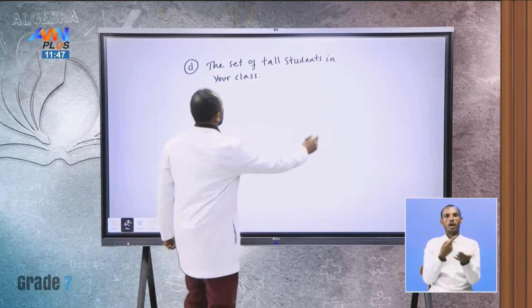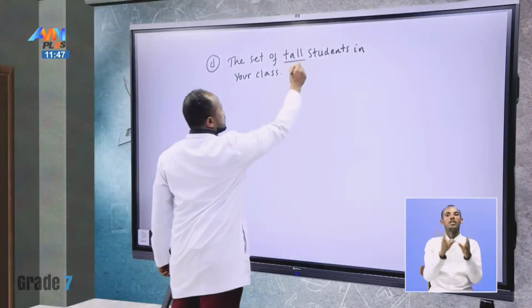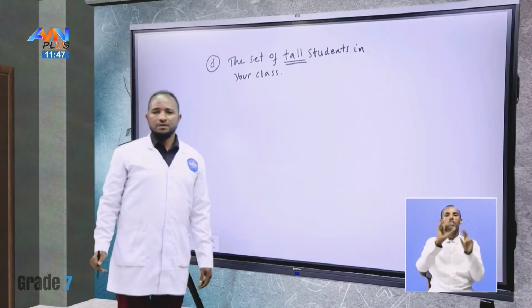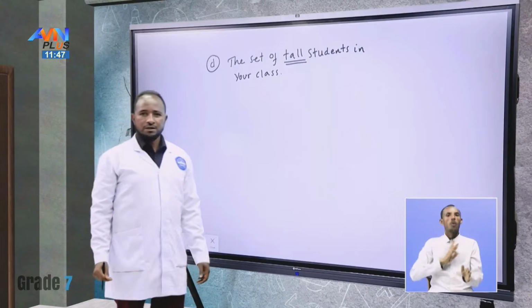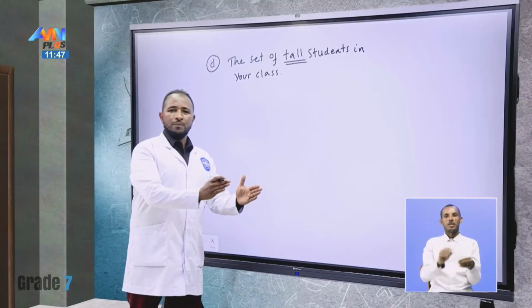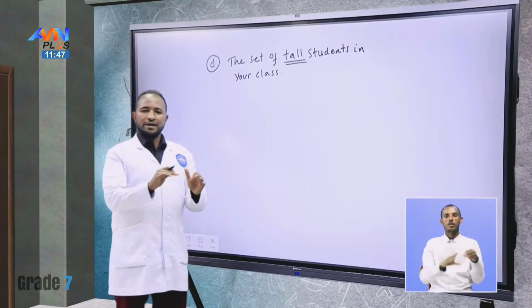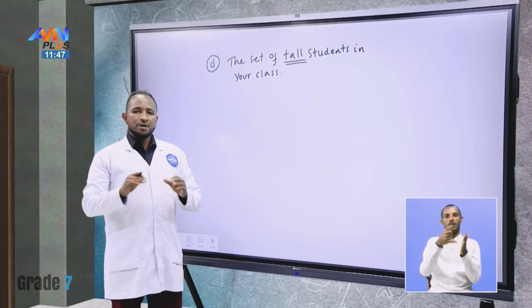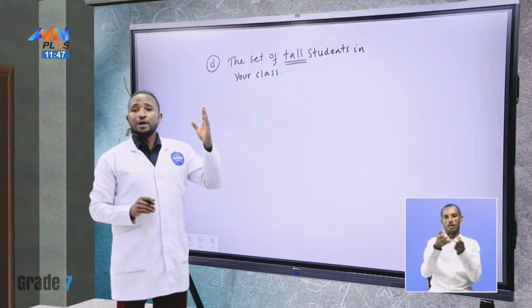Here, tall is not clearly stated. We cannot list the students in the class who are tall, because we do not have a criterion for tallness. So it's not clearly stated. Because of that, this is not well defined.